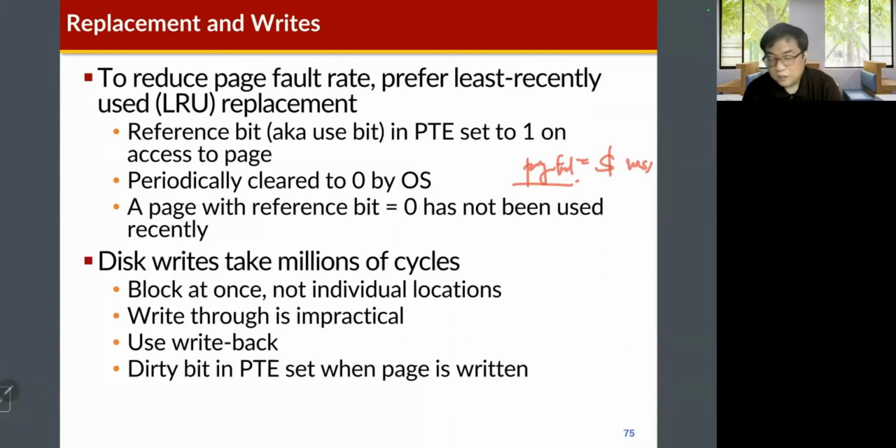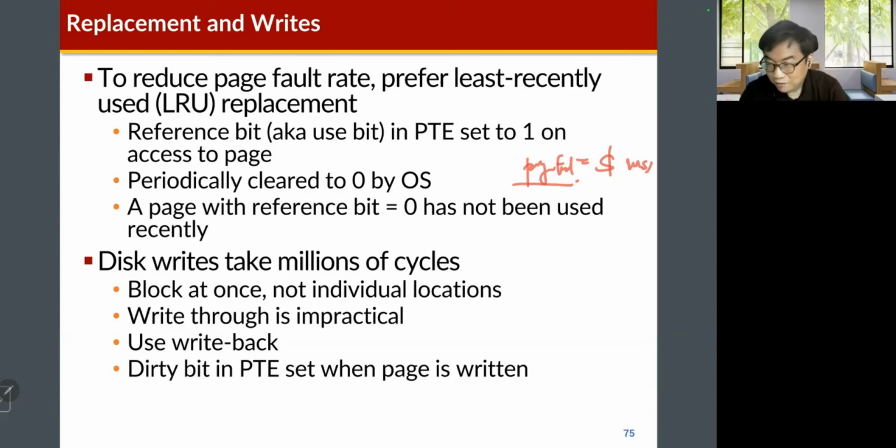Because we use the main memory like a cache, then we can apply the LRU policy, least recently used replacement. But the main memory size is relatively large. It's actually much larger than the real cache size.